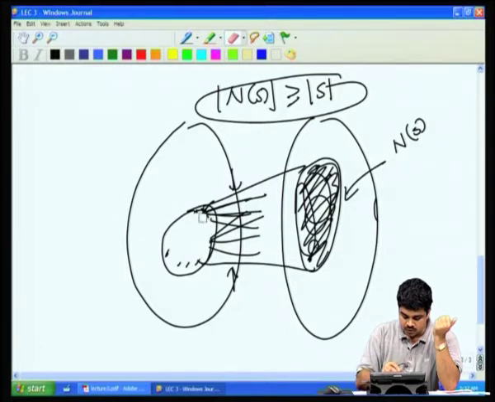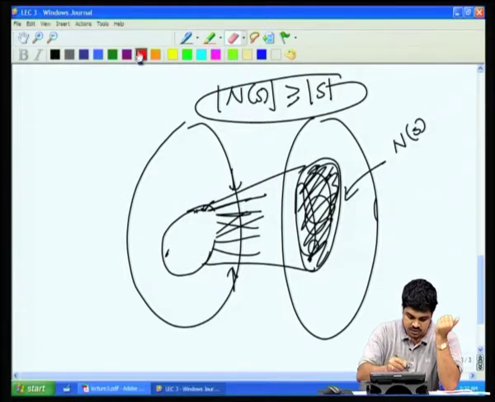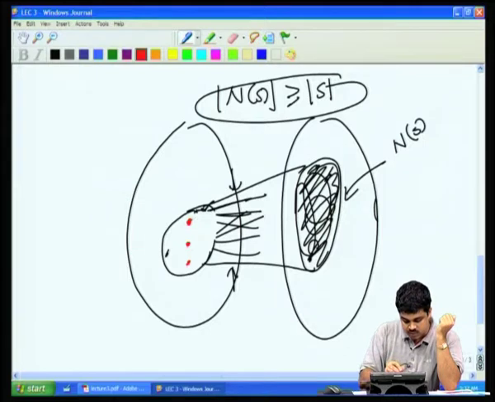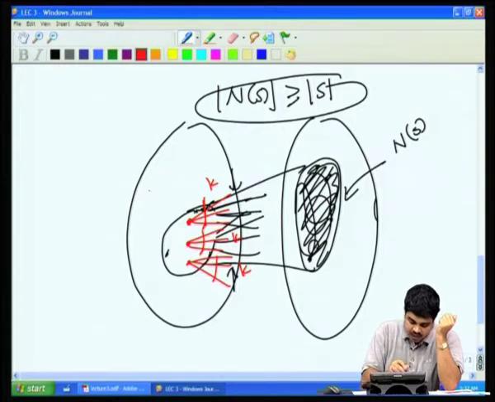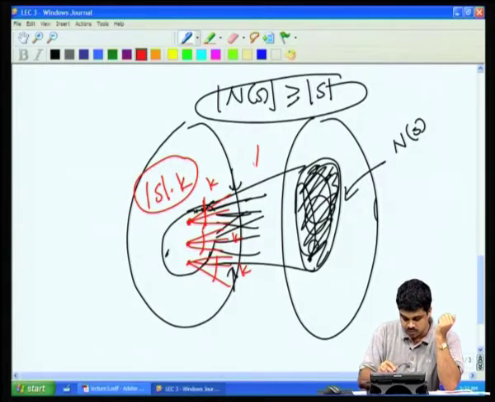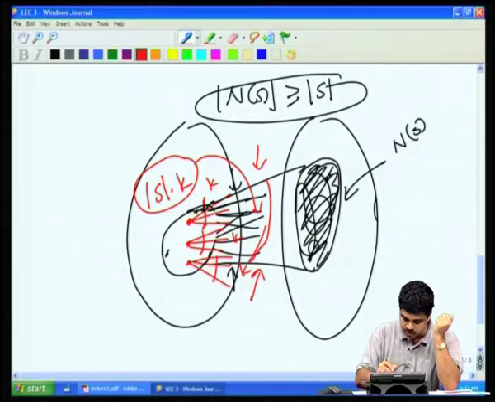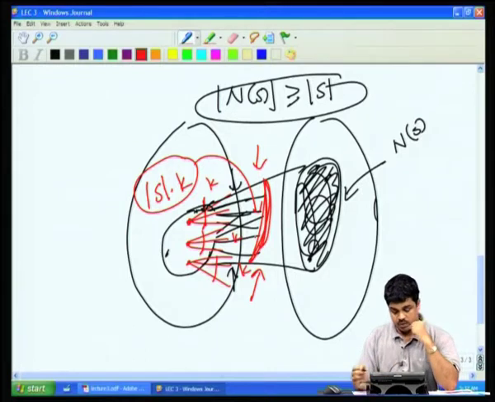So, if I mark the vertices in this set, now I ask how many edges are going out of this, how many going out of this, how many going out of this. Definitely there are k of them here, k of them here, and k of them here, and in total the cardinality of S times k edges will go out.